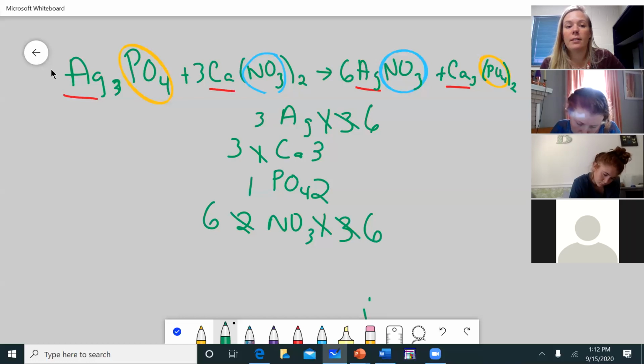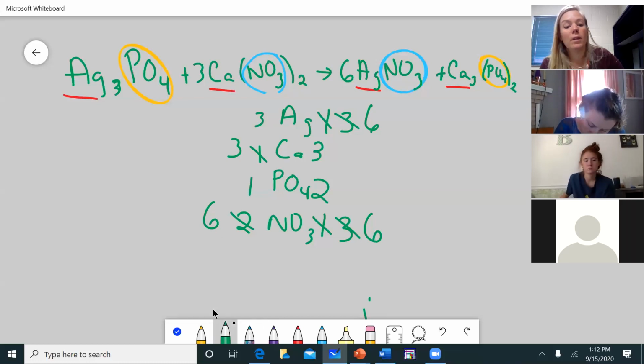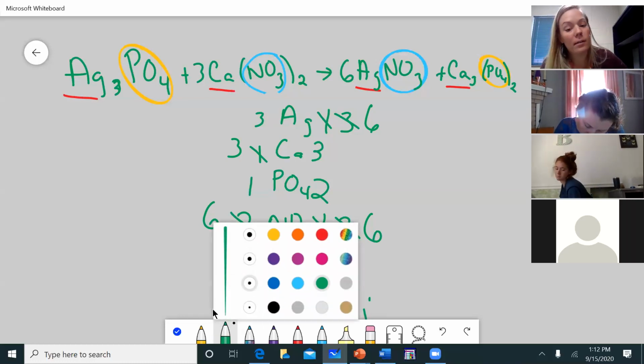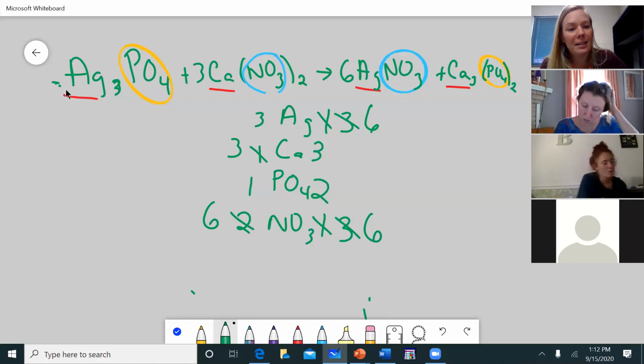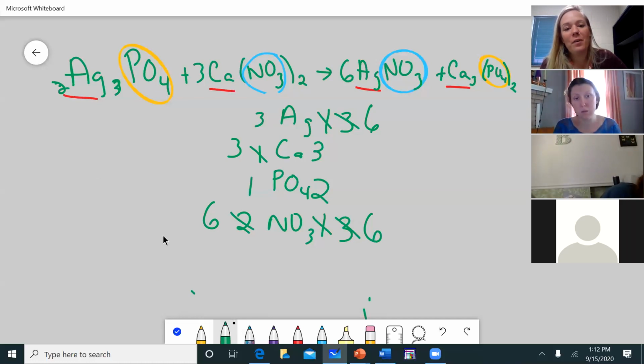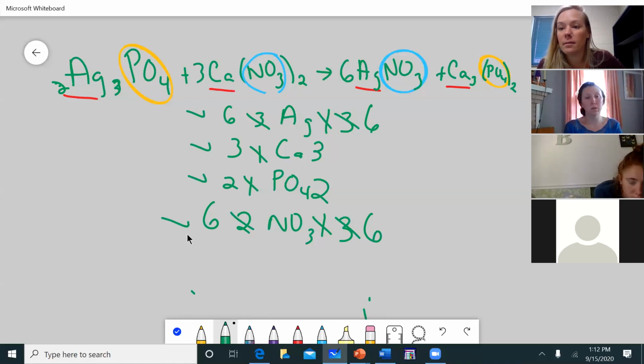What can I put on the left-hand side over here in front of my AG3PO4? If I put a 2 there, it will let me. 2 there. What does that do to the AG? 2 times the 3 gives me 6. The PO4 now becomes 2. Oh, look, balanced, balanced, balanced, balanced. Equal on both sides.